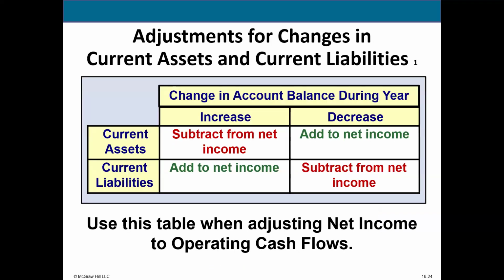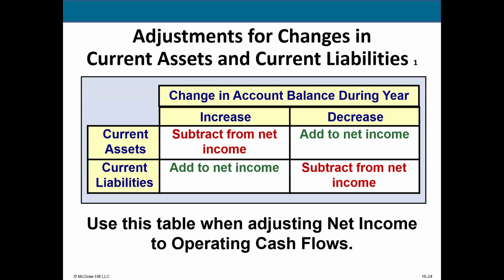This is a nice little chart to show us next what the second step is, what we would do as it relates to current assets and liabilities. We're looking for the change. If there's an increase in current assets, we subtract it from net income.